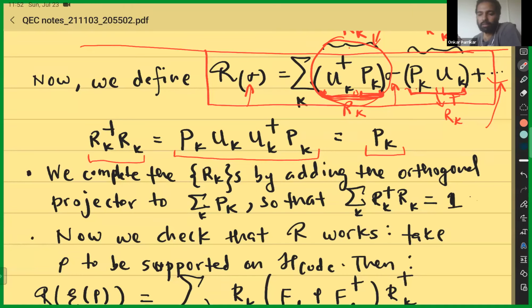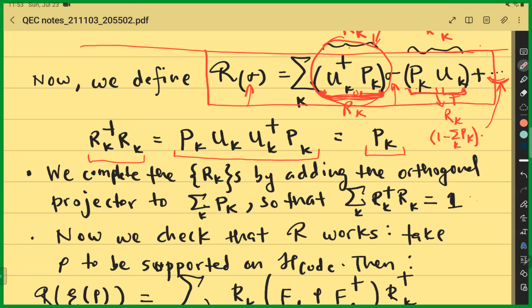So Gautam, I'm trying to address the question you asked. What these dots here are is you just write sigma times 1 minus sum over k PK.